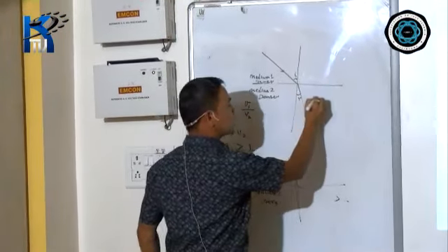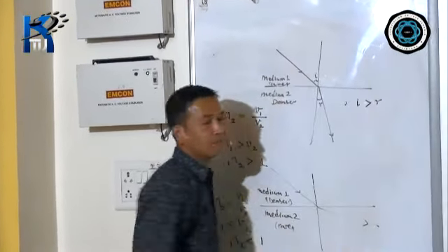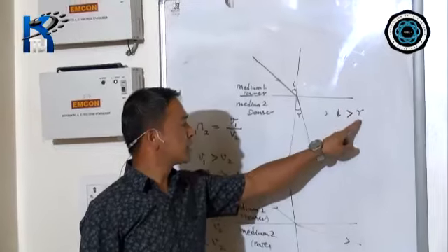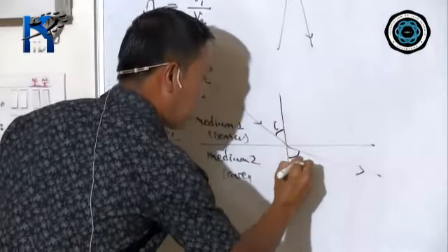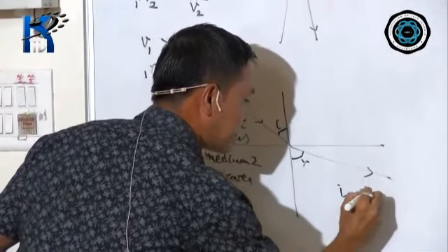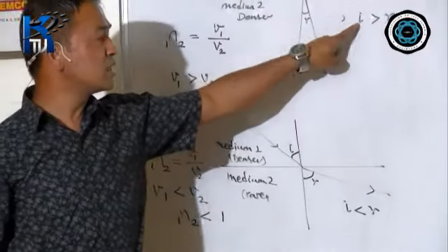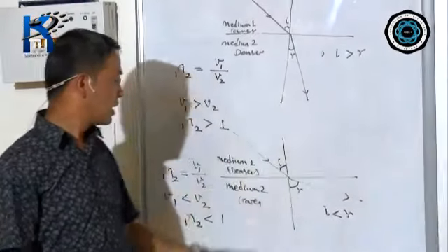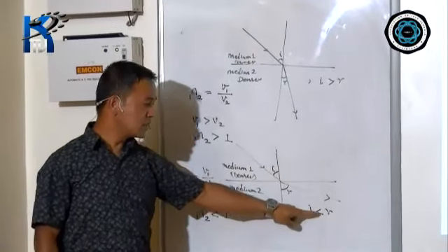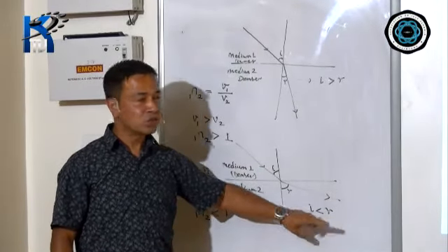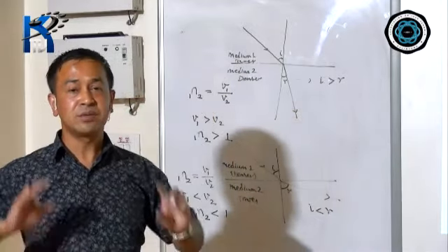So if light bends towards the normal, definitely I will be greater than R. In this case, this is I, this is R, but in this case, I will be less than R. That means when light bends towards the normal, angle of incidence is greater than angle of refraction. When light passes from denser medium to rarer medium, angle of incidence is less than angle of refraction. So these are the concepts of refraction of light.